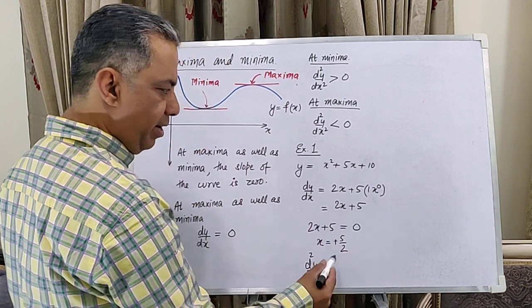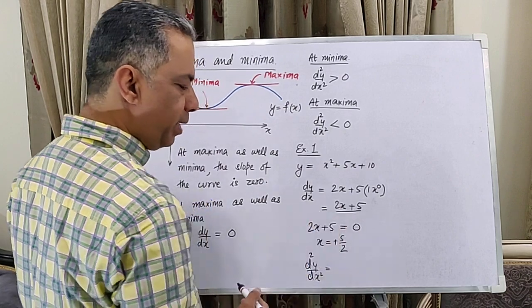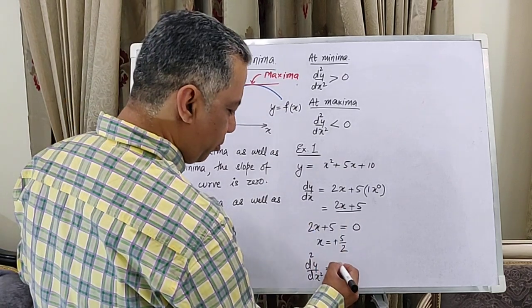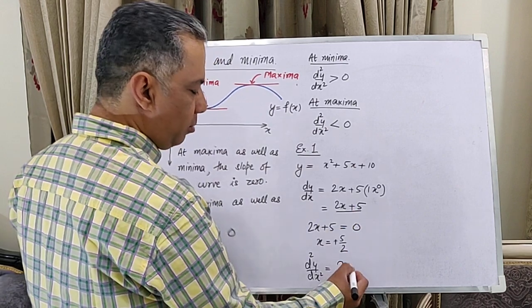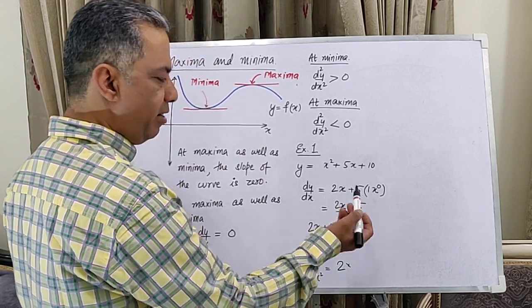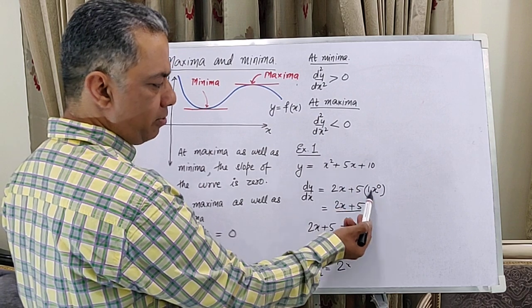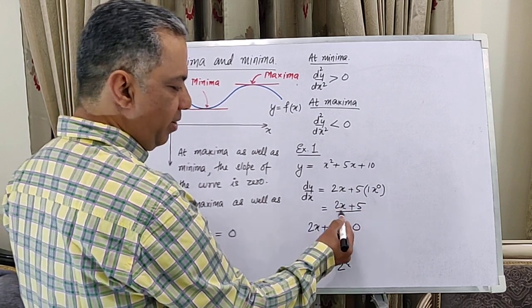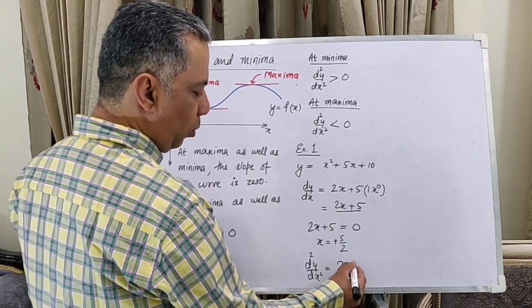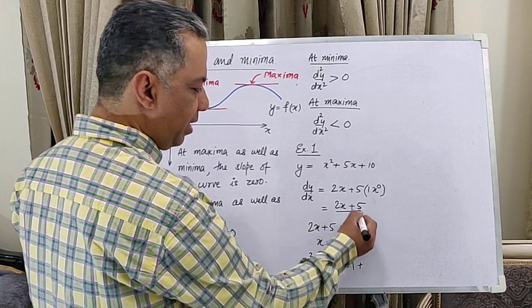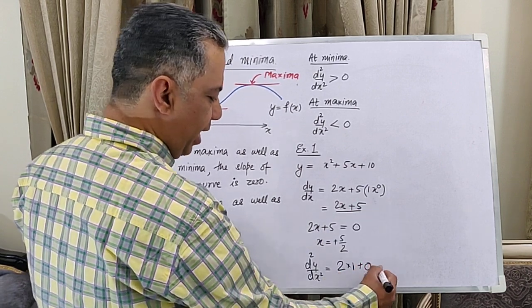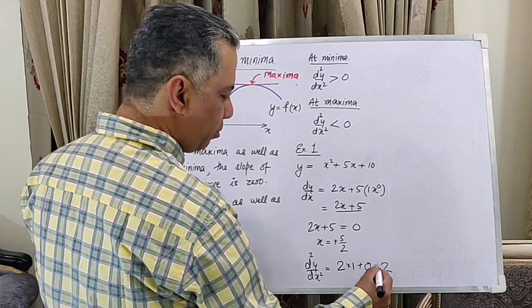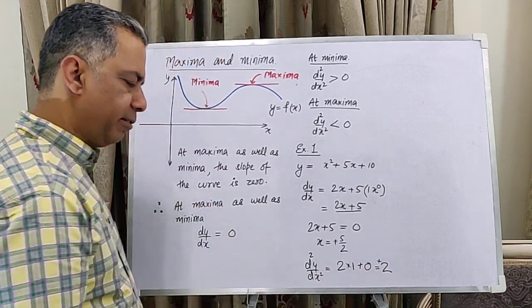So we differentiate again to calculate d square y by dx square. Now that will be a derivative of 2x plus 5. So 2 times the derivative of x to the power 1, which we just found out is 1, plus the derivative of this constant, which is 0, and so we get 2, which is positive.